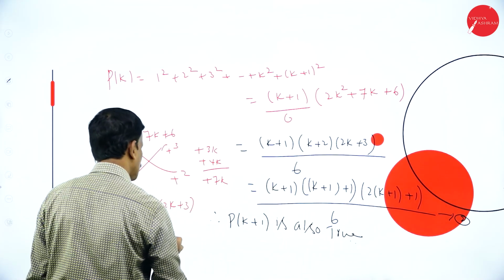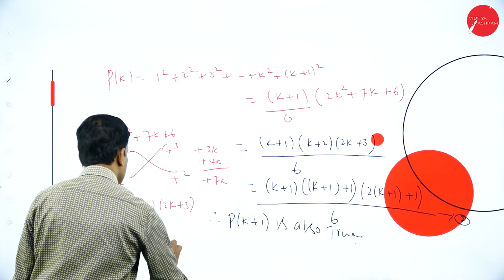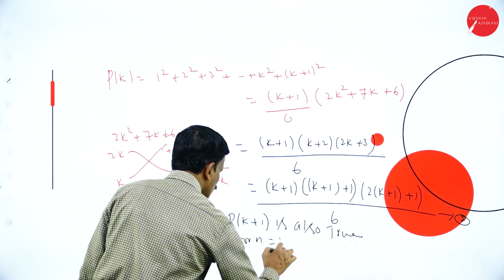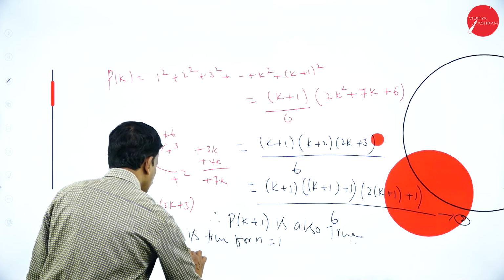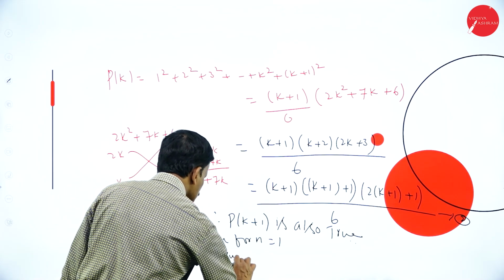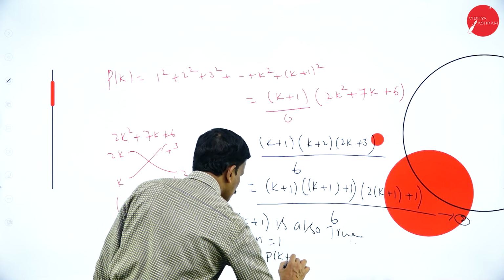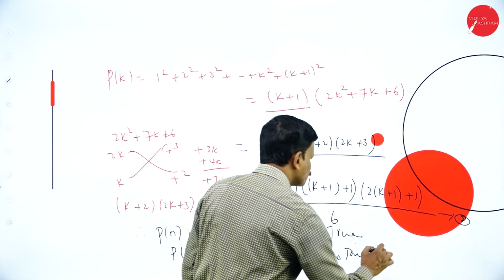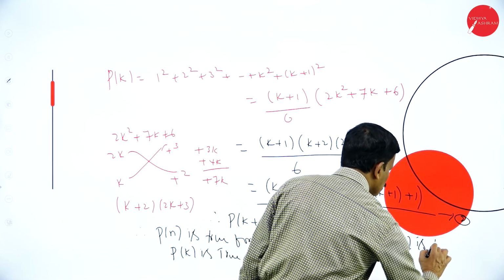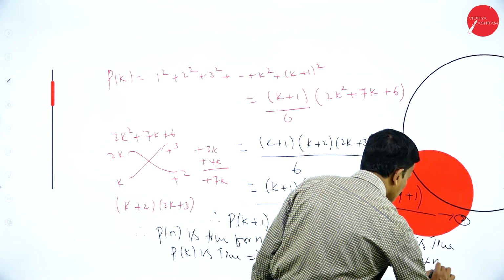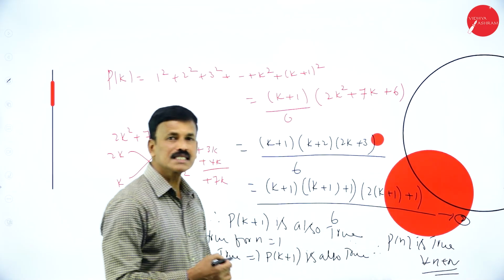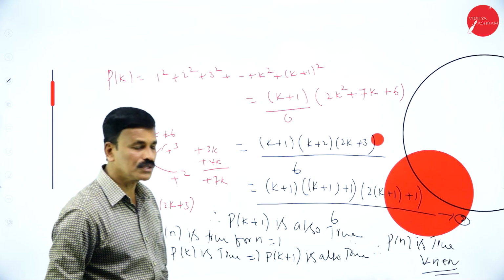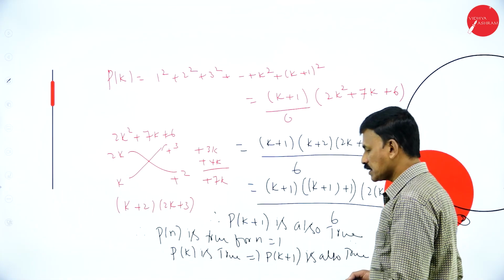So hence by induction, p of n is true for n equal to 1, and p of k is true implies p of k plus 1 is also true, therefore p of n is true for all n belongs to N, that's it. So this is how we are going to verify. If you do this much, definitely you will get 7 marks, that's it. Hope you followed. Okay, this is by the method of mathematical induction.